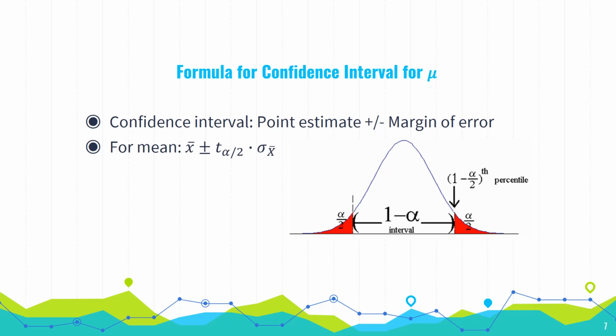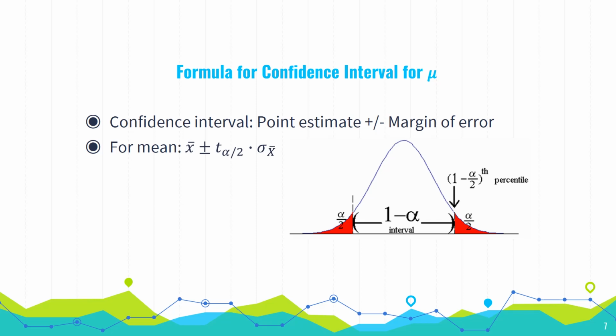For the population mean, the margin of error is found by finding a critical t-value and then multiplying it by the standard error of the mean. We've looked at the standard error of the mean formula before. The critical t-value is found from a t-distribution. It's just what value gets the confidence amount kind of in the middle.